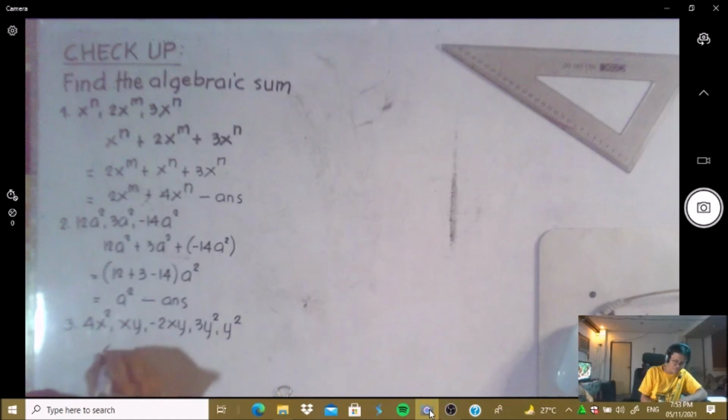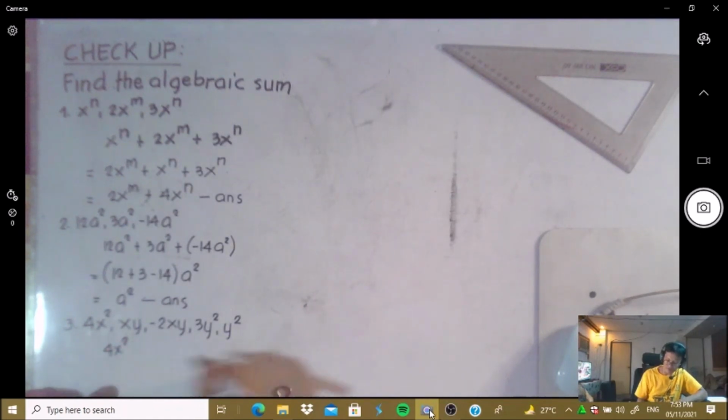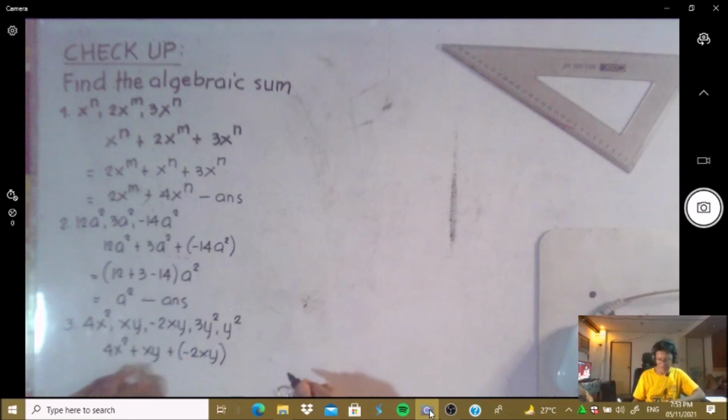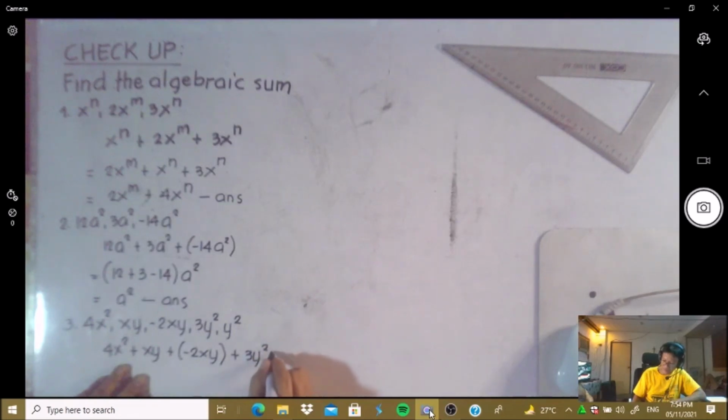So we have 4x squared. Then we have no more x squared. So next will be xy. So we have plus xy. Then plus negative 2xy. Okay, so we are done with xy. Then plus 3y squared. Then plus y squared.